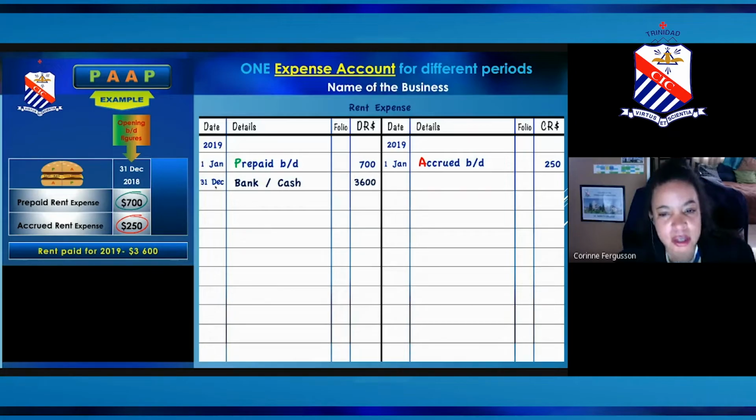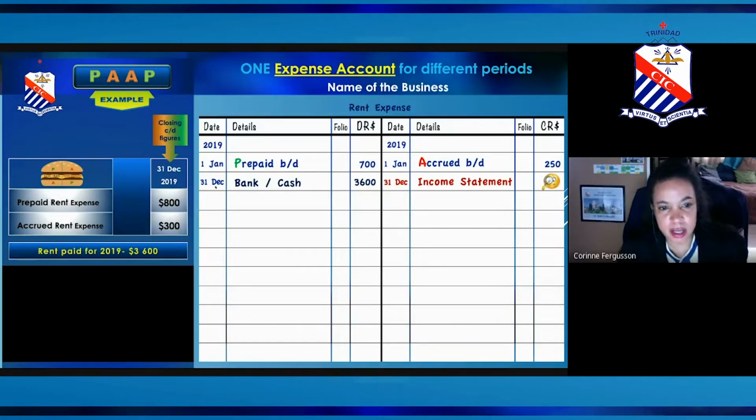And that is 3,600. Next side in your PAP, 31st of December, income statement, they did not give you that amount. So you're going to have to leave that for the time being. So you did your P, you did your A, is the next A, which is your closing figure. And that will be 31st of December, accrued, PAA, accrued carry down.